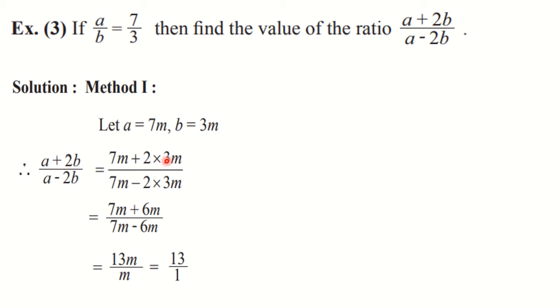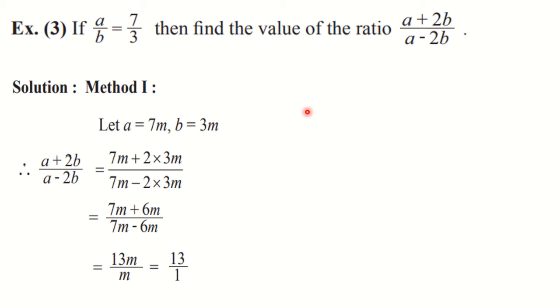So 2 into 3, 6m here, and 2 into 3, 6m here. So 7m plus 6m and 7m minus 6m. So 7 plus 6, 13, and 7 minus 6, 1. So our answer is 13m upon m. We can cancel m and m, and the answer is 13 upon 1.